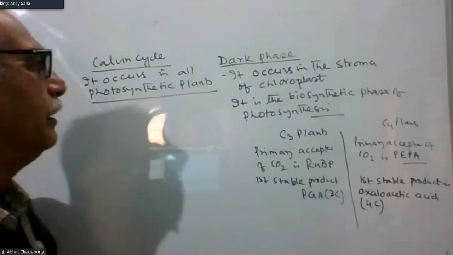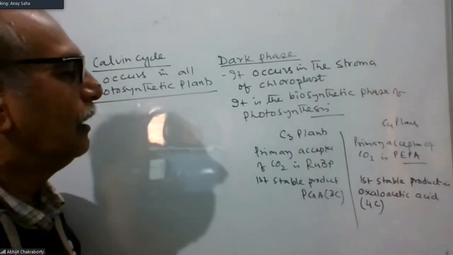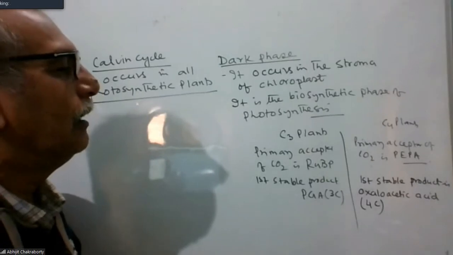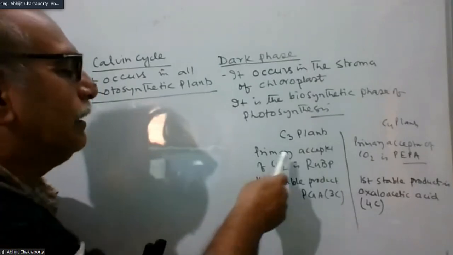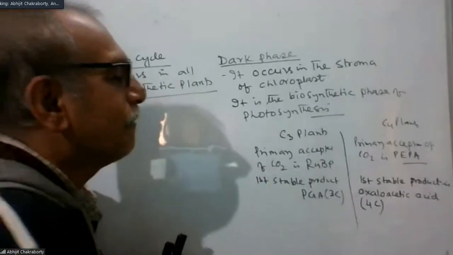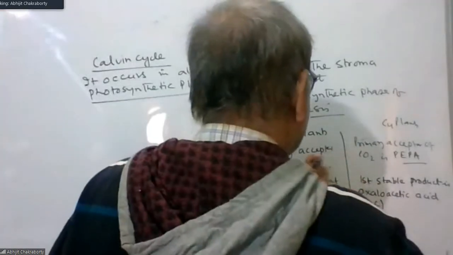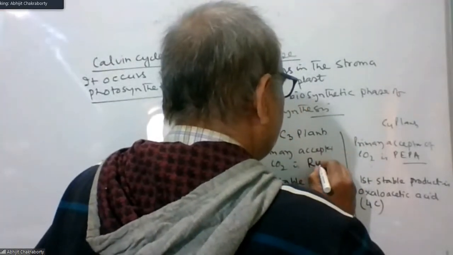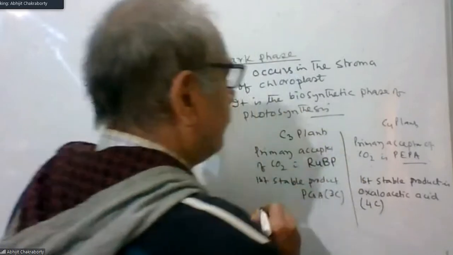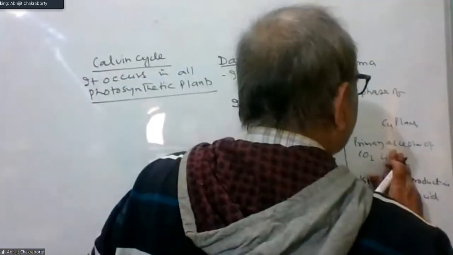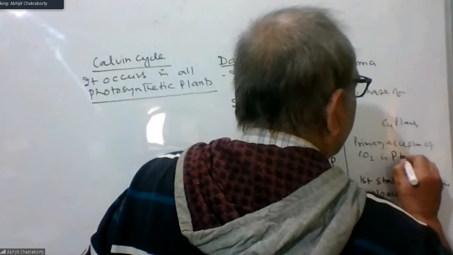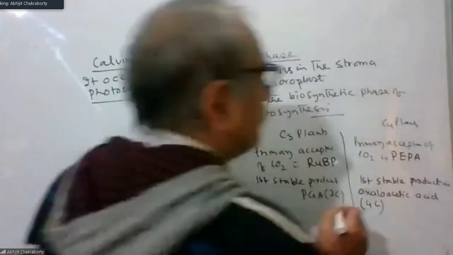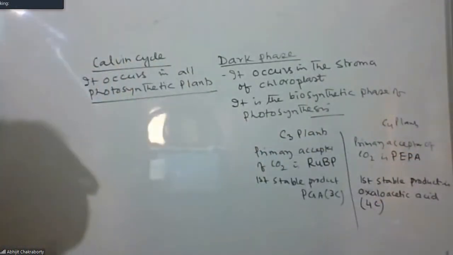Sir, what have you written here? The primary acceptor of CO2 in C3 plants is RuBP. Here it is RuBP. In this case, it is phosphoenol pyruvic acid. Clear?